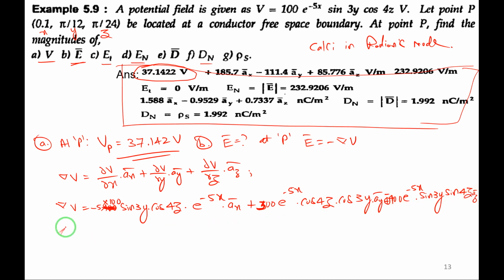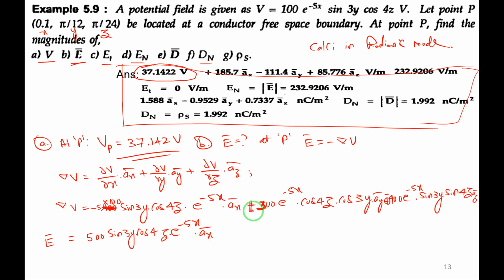Okay, next I want E vector at point P. So E vector equals minus of this, right? Let me write E vector first. I have to multiply minus into minus, this will be plus. So 500 sine 3y cos 4z e to the power of minus 5x into ax.